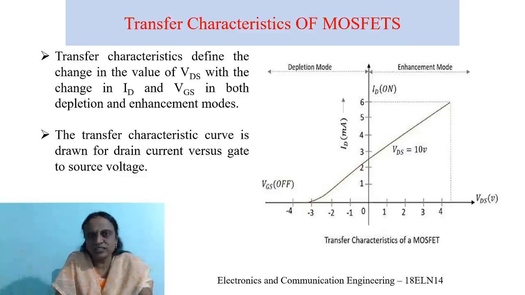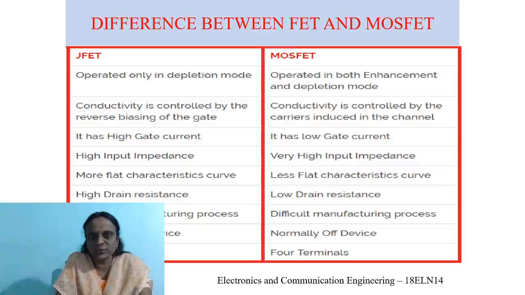Next, moving on further, after transfer characteristics, we have to see the differences between FET and MOSFET. To list out a few differences mainly between the JFET and MOSFET.